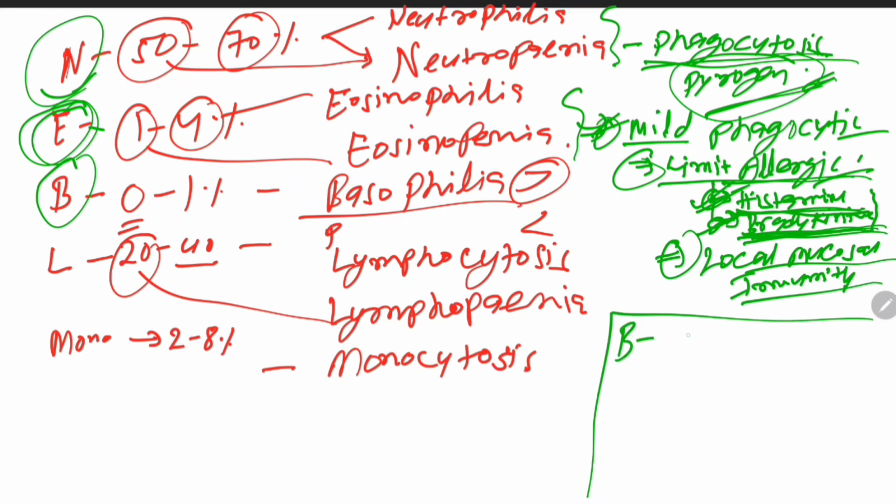So basophil, it's also mild phagocytic, obviously. Then the next thing is release of histamine.